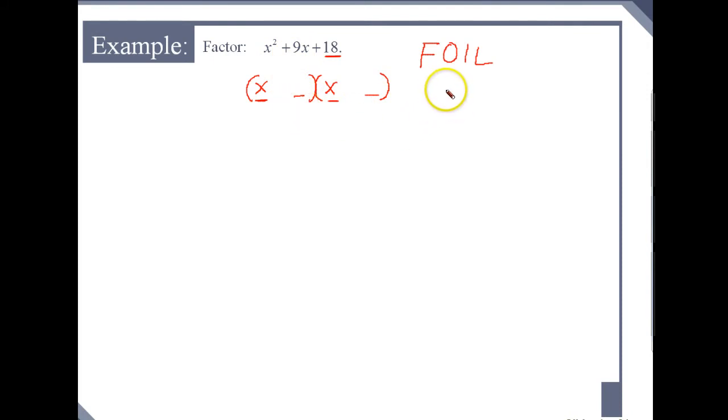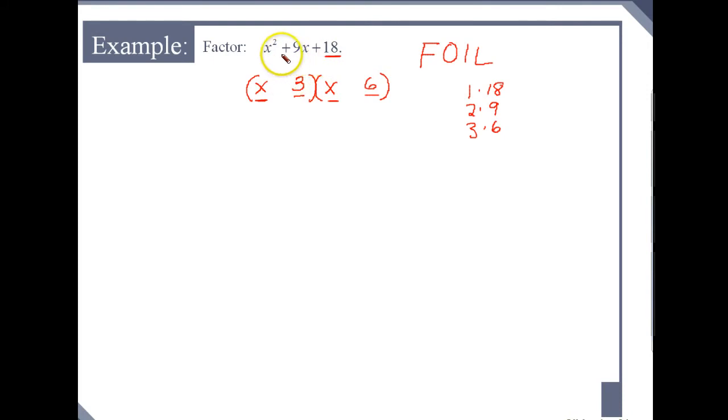So mentally we start going through the factors of 18. 1 times 18, no, that's not going to work. 2 times 9, no, that's not going to work. 3 times 6, that looks promising, because if we add a 3 and a 6 together, we get the 9. So we put our 3 there and a 6 there. And these could be reversed, no problem.